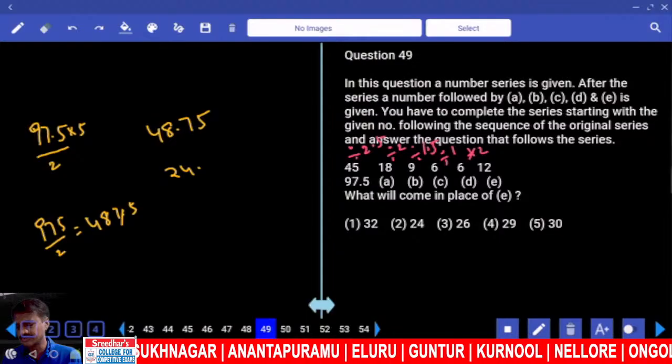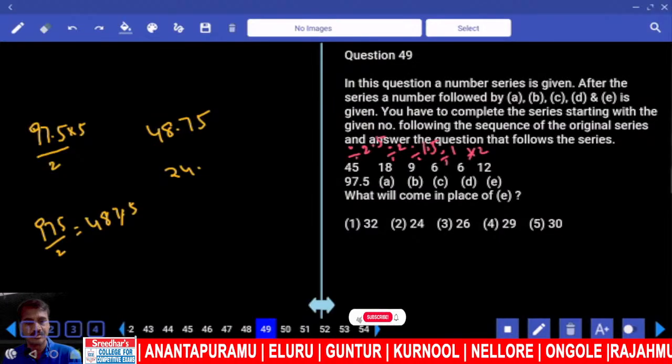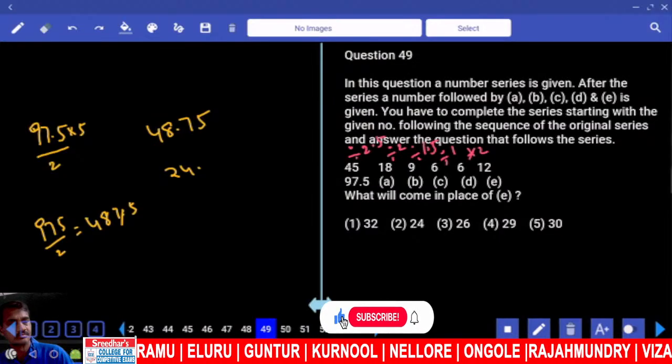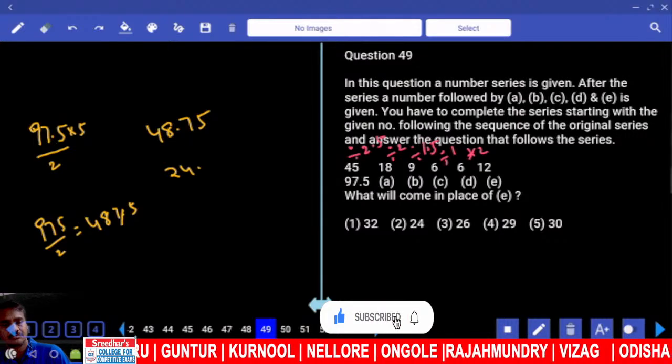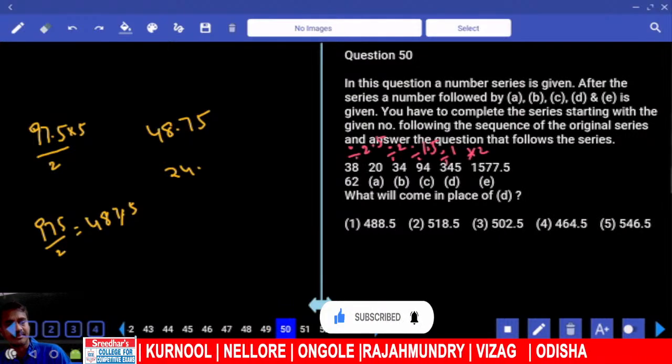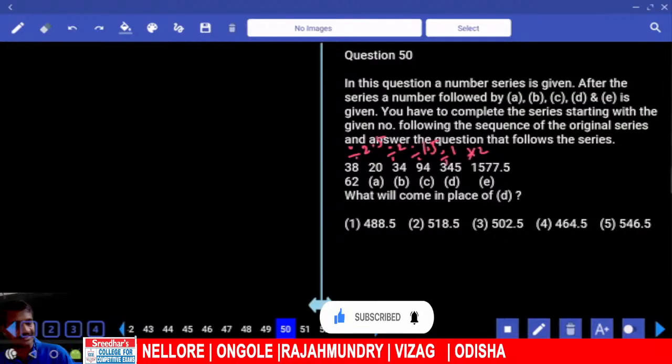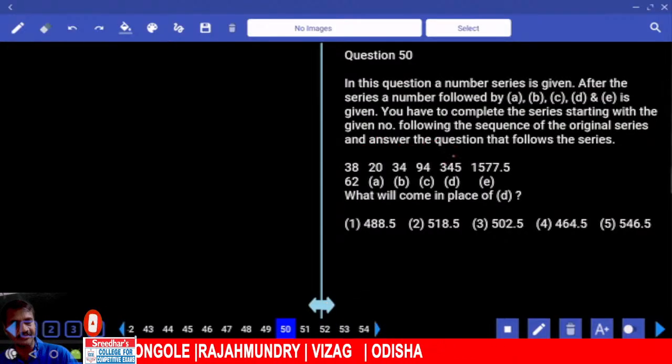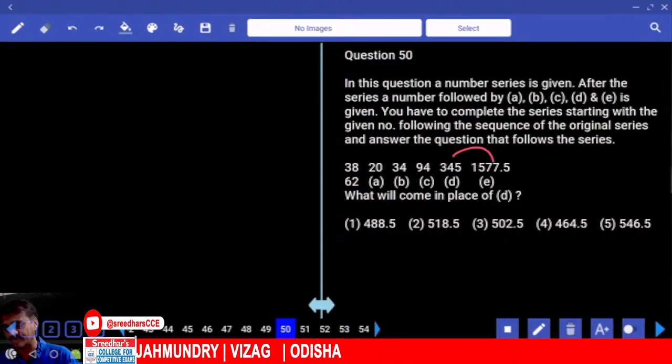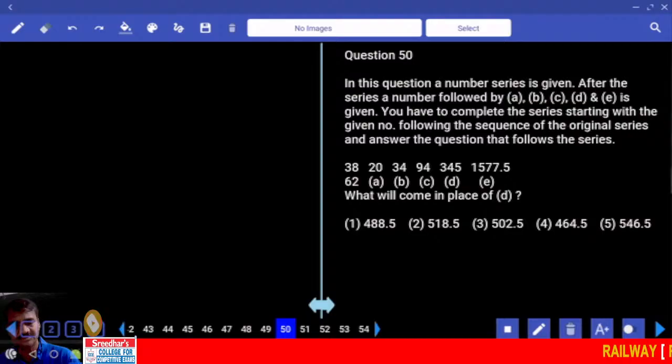Then what is the next one we have? Mark 50. Now in this 50, number starting with what? 38. 38, 345 to 1575. That means it is multiplied by how many times? 3 and after. Then 38 and 20 means 38 into 0.5, how much? 19 plus 1 is 20.